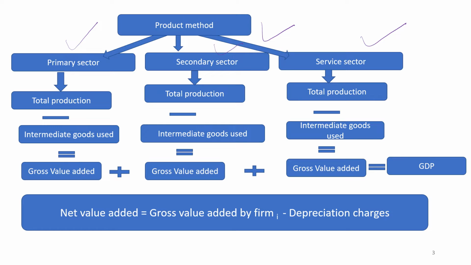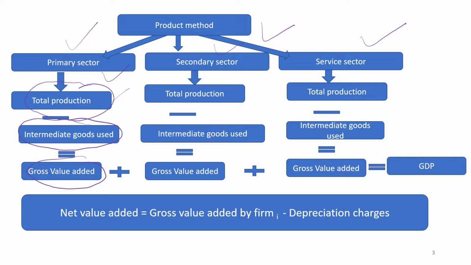So you consider the total production in the primary sector and deduct intermediate goods that are used to produce the final goods. Then you will get the gross value added in the primary sector.